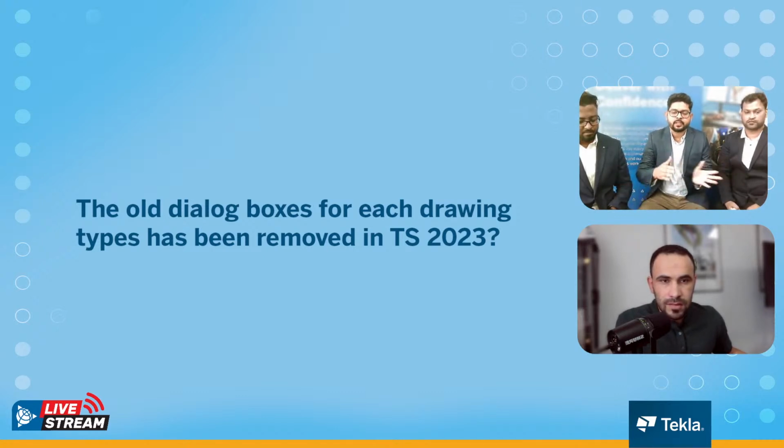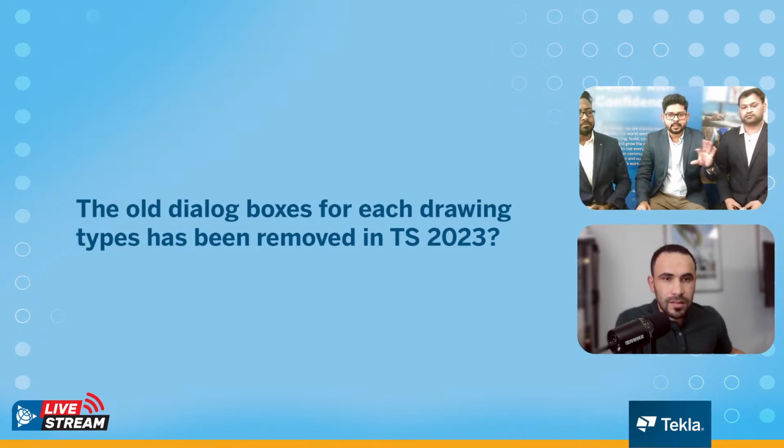All of the properties you can get from the property pane. To answer your question, the properties dialog boxes have been removed, but the same contents can be accessed from the property pane.